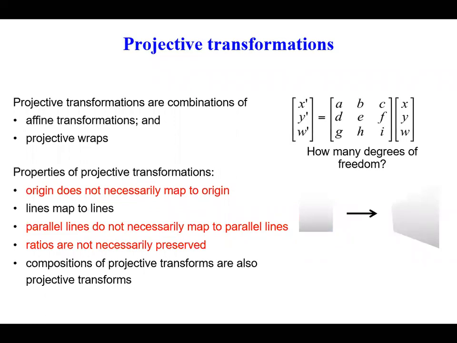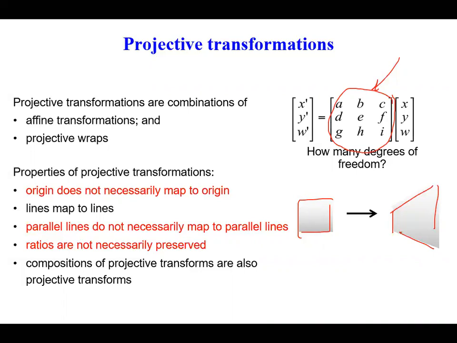How about the projective transformations? With the projective transformation, I have this, and unfortunately, this will be something like that, given this equation. How many degrees of freedom? The first thing that you will say is 9 degrees of freedom.